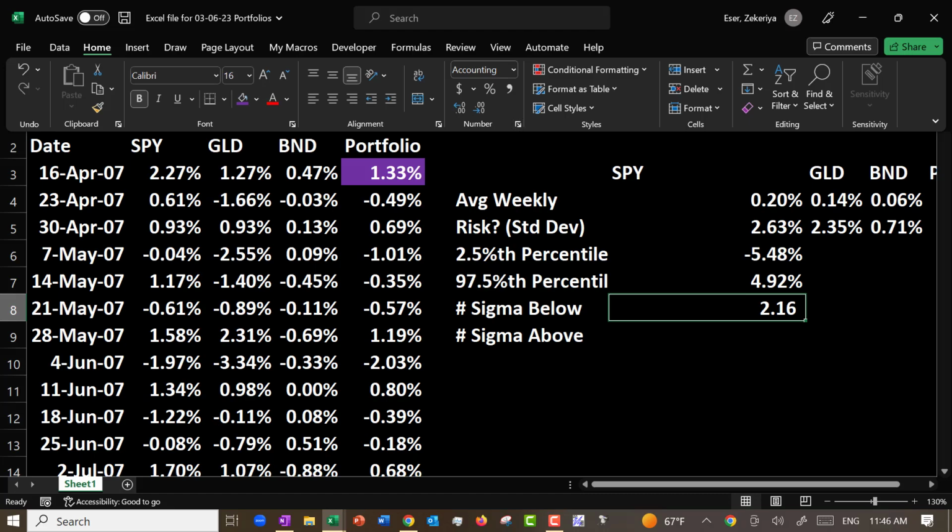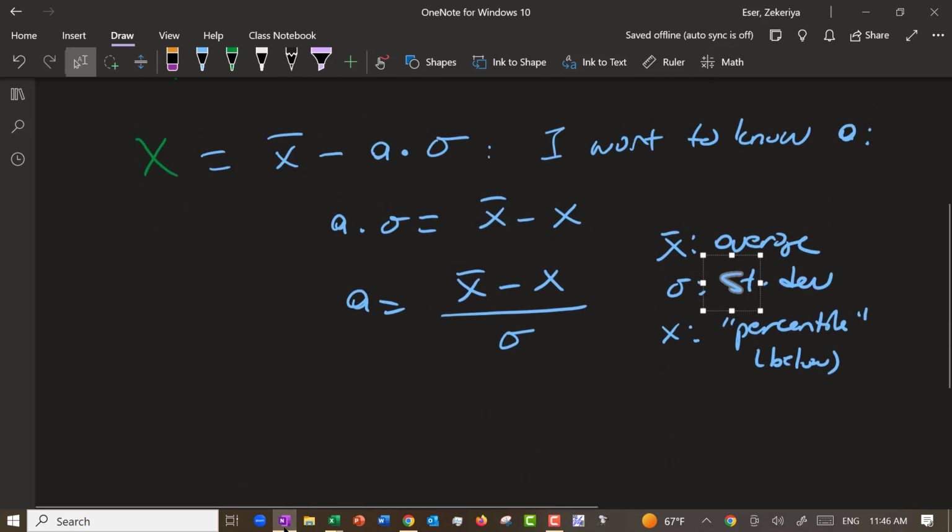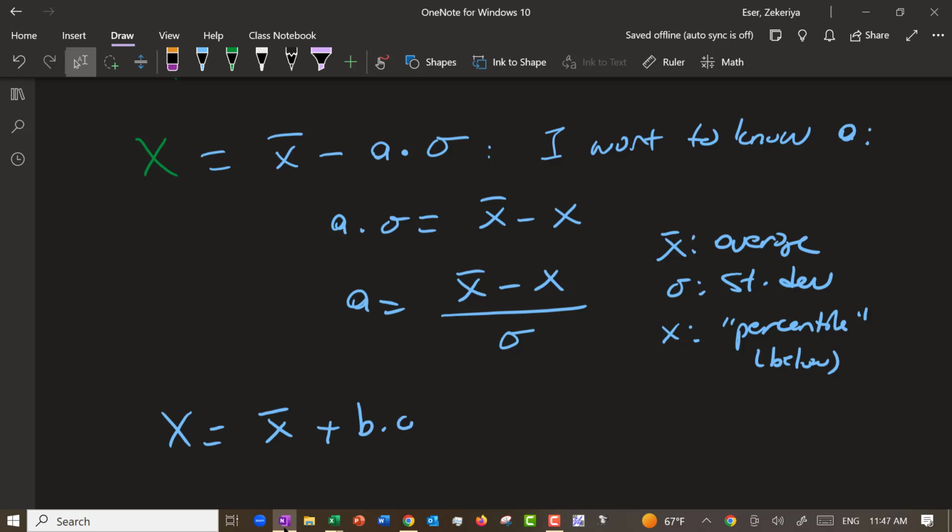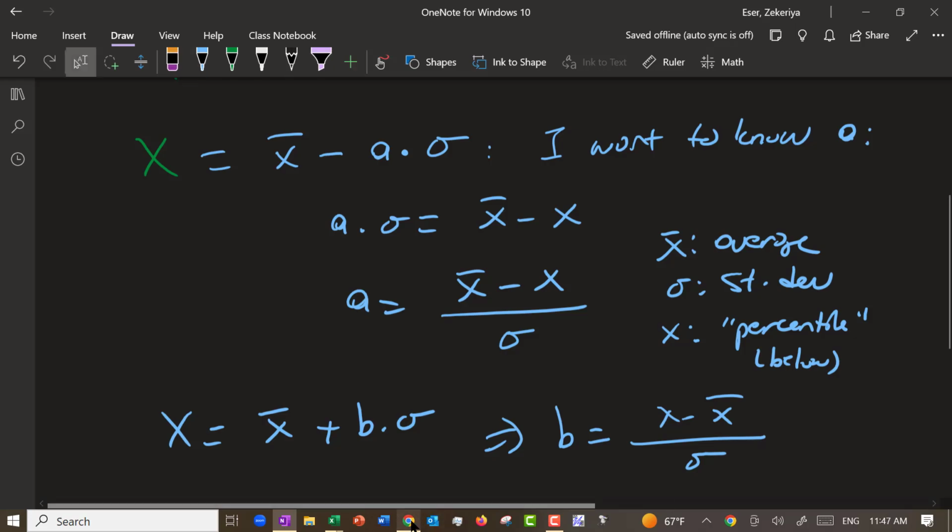We're going to do the same thing for how many standard deviations above the mean. If we solve for b, it's going to be x minus x bar divided by sigma. That's my x.